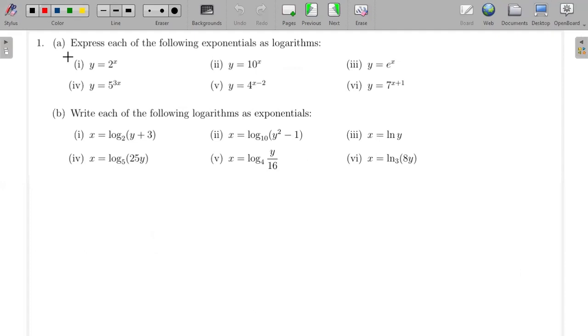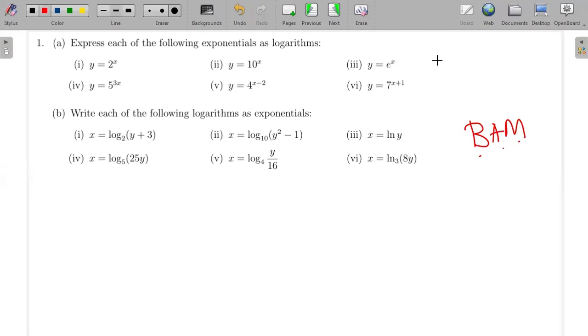So we start with question 1A. They're saying express each of the following exponentials as logarithms. We said for us to convert from either form to the other, we're going to be using the mnemonic BAM. This BAM simply means base to the power answer is equal to what is in the middle.